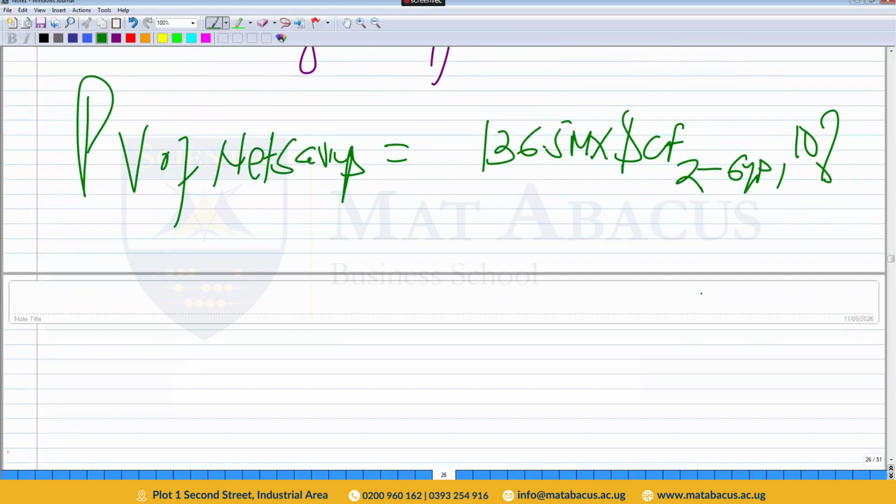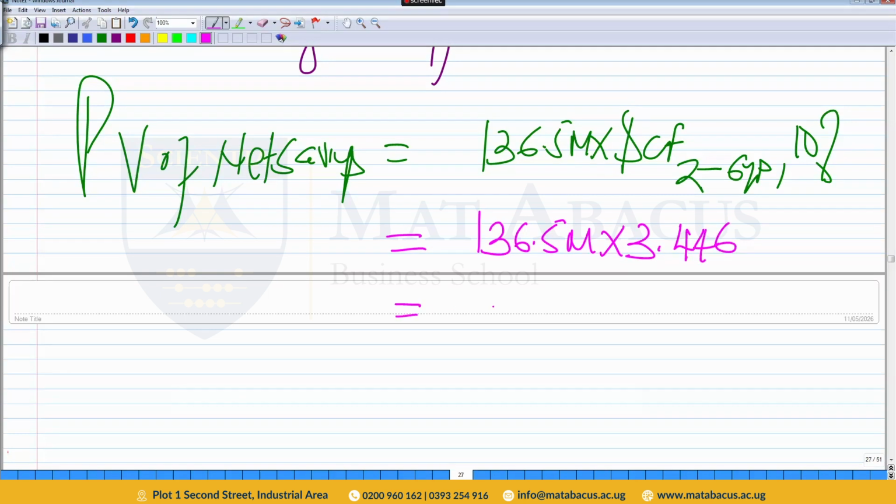And when you do that, you should be able to get 136.5 million, 10% 2 to 6 years. That annuity factor would go to 3.446. And when you multiply, you will be able to get 474 million.